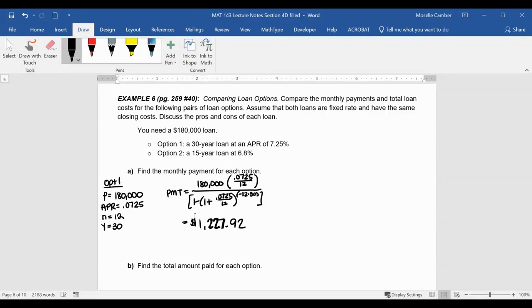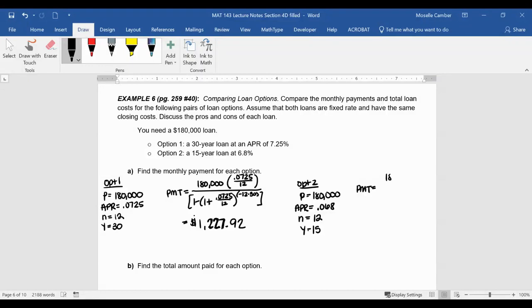Okay. Option 2, my principal is still $180,000, but my APR for this option is 6.8%, so 0.068. I'm still making monthly payments, but this time for 15 years.